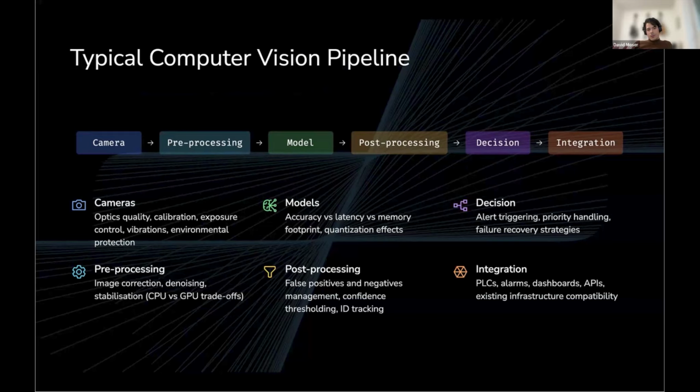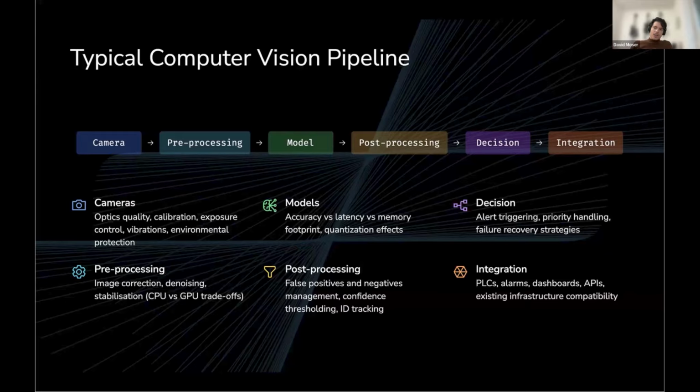Then you have the model, most of the time some kind of ML model, which does the perception part. So it classifies something, it detects something, it does segmentation. And after this, you have a post-processing step, which uses this output. So it smooths labels, it maybe utilizes the time domain, it assigns IDs, it tracks objects.